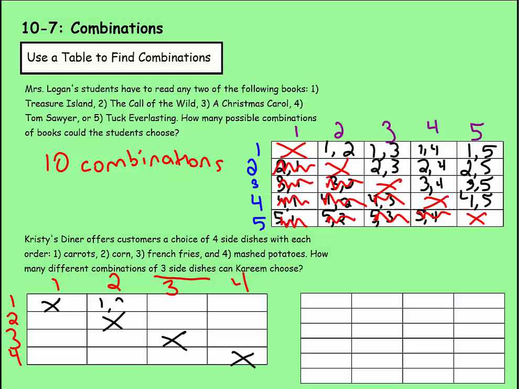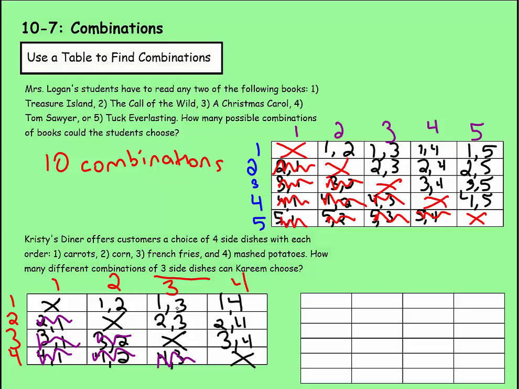We have 1 and 2, 1 and 3, 1 and 4, 2 and 1, 2 and 3, 2 and 4, 3 and 1, 3 and 2, and 3 and 4, and then 4 and 1, 4 and 2, and 4 and 3. Just like in this last table, we have doubles on both sides of the X's here, so I can cross off all these ones because they have a matching one on the other side.